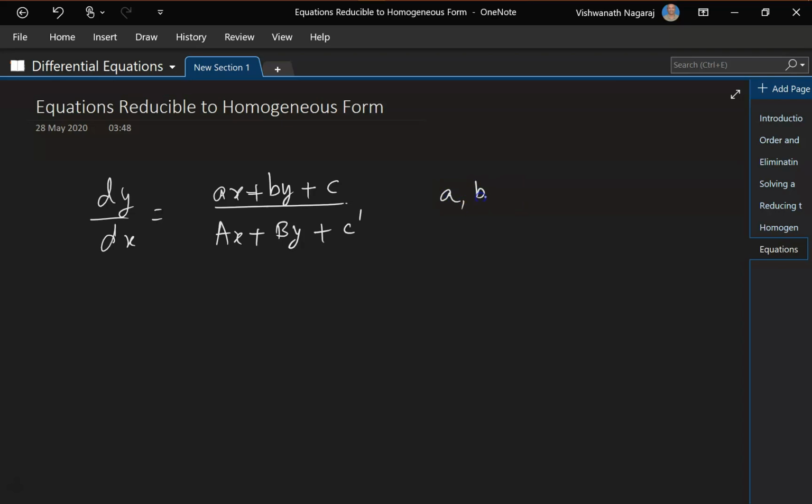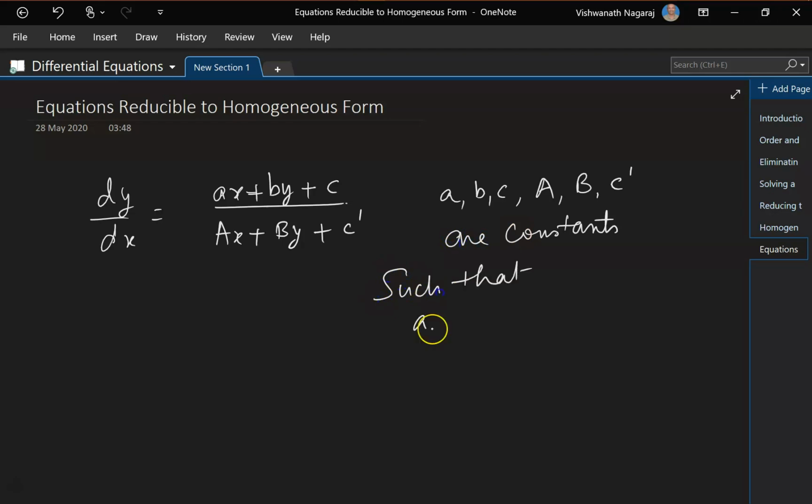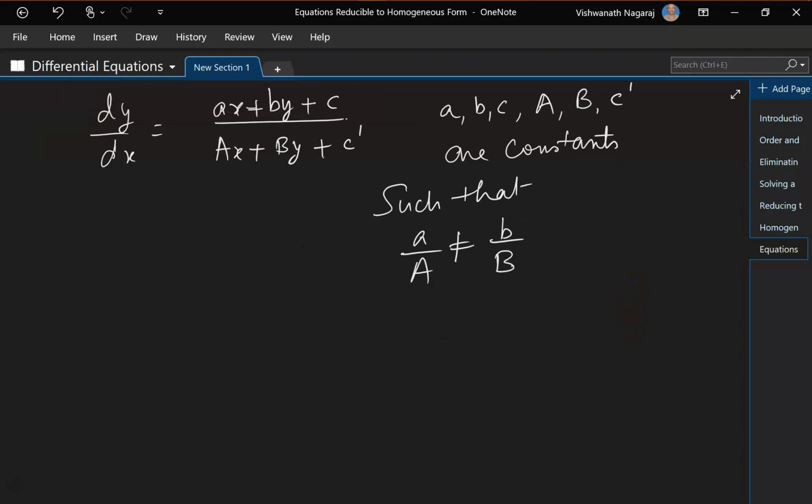Now here a, b, c, capital A, capital B, and C dash are constants such that a/A is not equal to b/B. So you have to make sure of this.